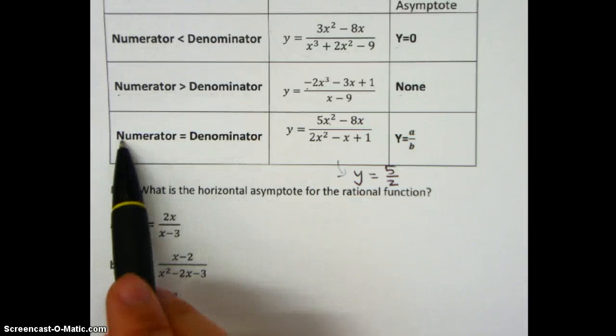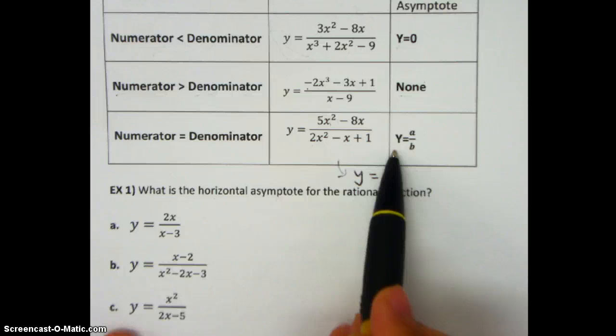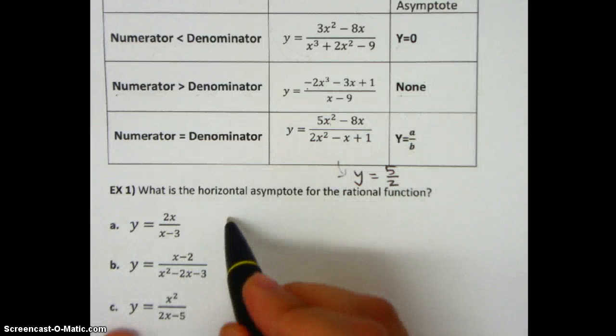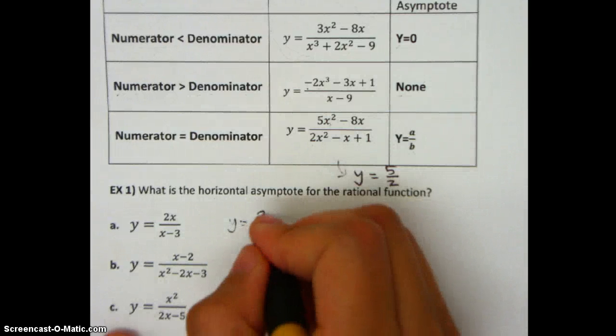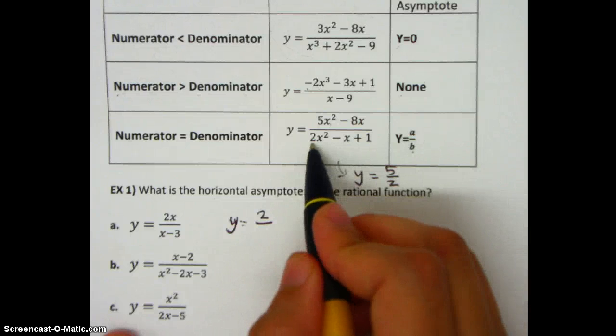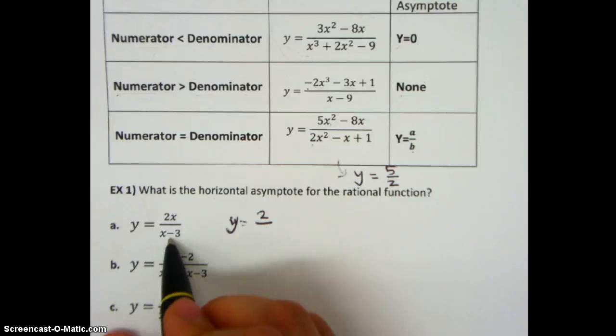That means they have the same degree, so we have to follow that rule. The leading coefficient of the numerator in this case is 2, and the leading coefficient of the denominator is 1. That's 1x minus 3.